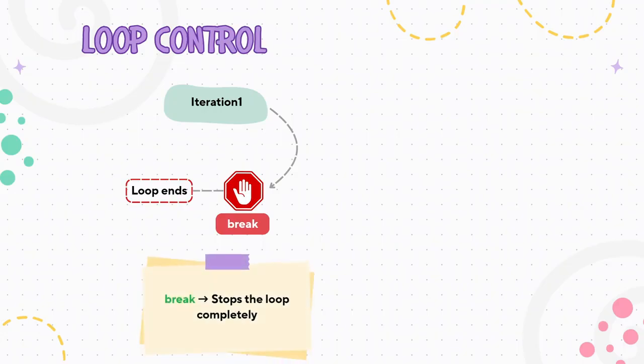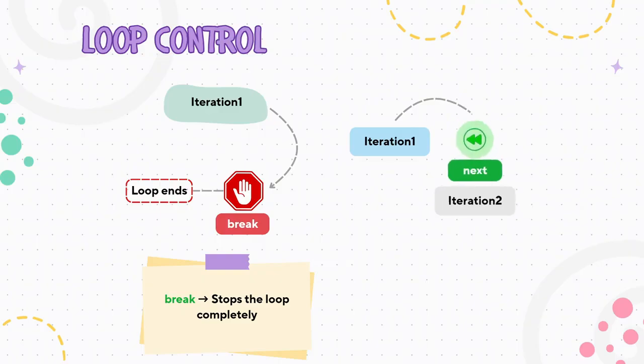After the break statement, we have what's called the next statement. What this does is it skips the repetition that it is used inside of and moves over to the next repetition. So let's say we have repeated a loop one time, and during the next iteration we want to skip it. When the next statement is used, it skips the second iteration, that is the second running of the loop, and directly moves on towards the third iteration.